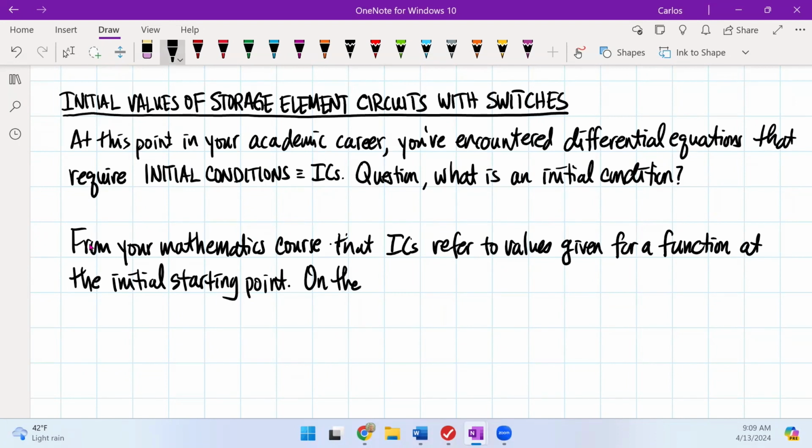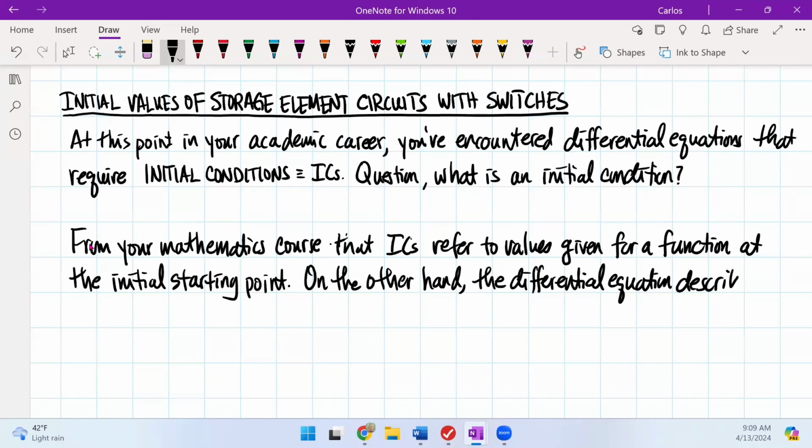On the other hand, the differential equation describes what happens after t equal to 0. In other words, it's 0 plus.